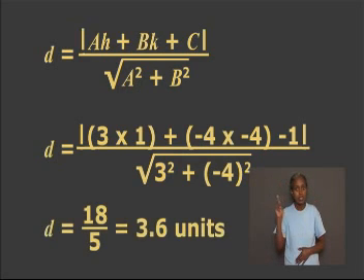This gives us 18 over 5. So the distance from the center of the circle to the line is 18 over 5, or 3.6 units.